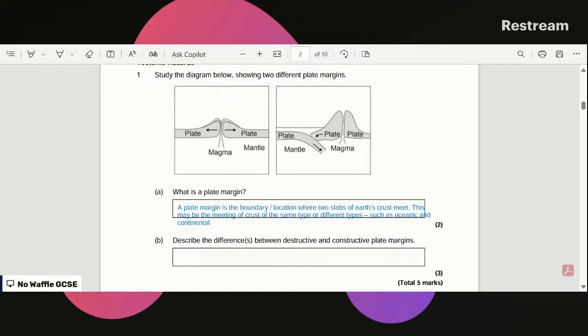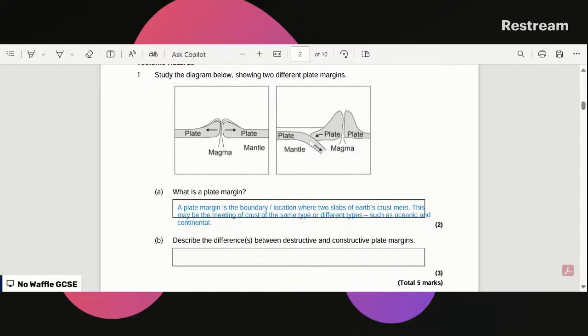So describe the difference between destructive and constructive plate margins. So a constructive plate margin is when you've got 2 plates that are moving apart. So this is the first one on the left here. You've got 2 plates that are moving apart, constructive. And the reason why it's called constructive is this then leads to the magma rising and forming what we call a composite volcano. On the other hand, we've got a destructive, which is when they're colliding with each other.